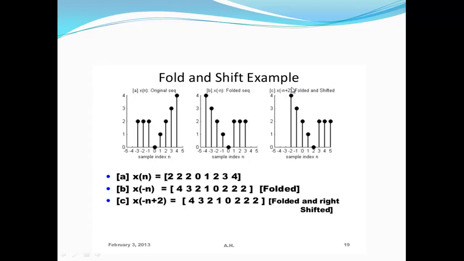So with +2, you have to move it forward, in the right hand direction. If it is -2, you have to move it in the left hand direction. You have to delay it. Suppose it was starting at -4, now it will start at -5. Clear? I hope I'm clear.